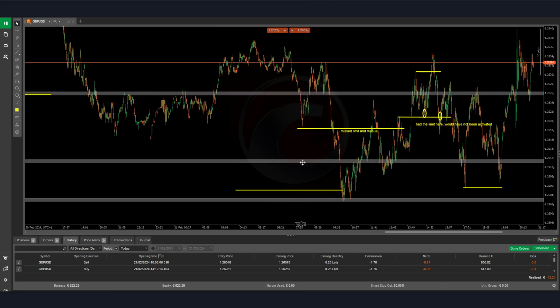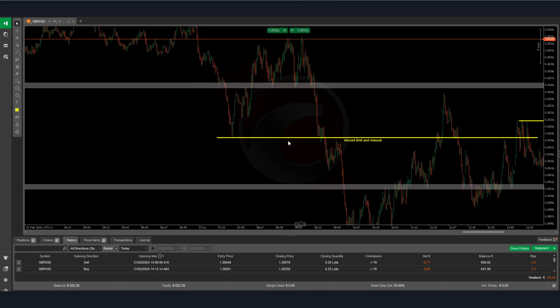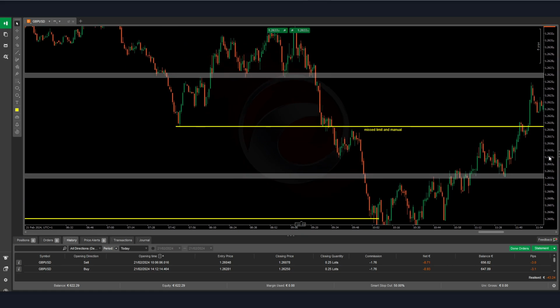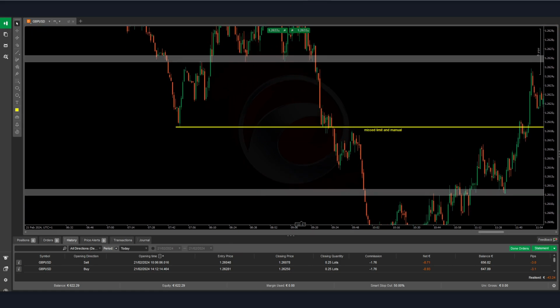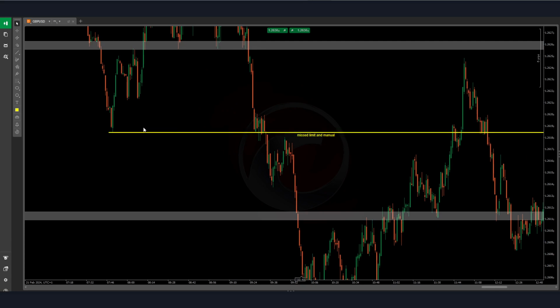So we can start from GBPUSD since we're already here. This was my first trade idea of the morning, about half an hour after the London Open. After the price was aggressively breaking below these lows, this previous PSA and also a very recent one, I placed my sell limit right above there and it did not get activated.